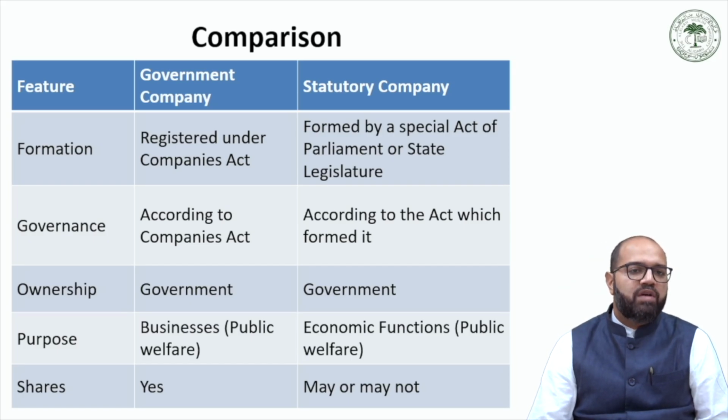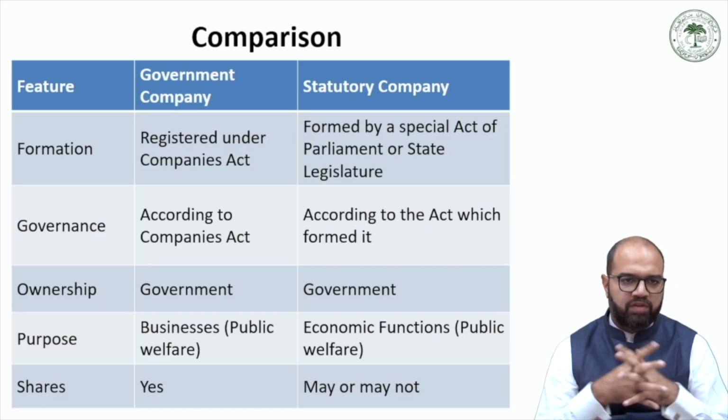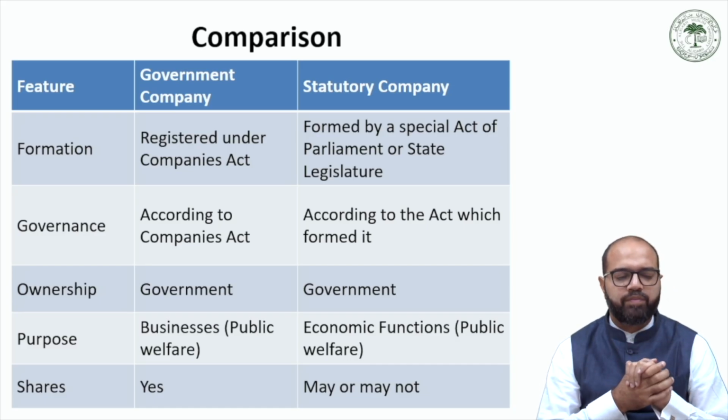The governance of a government company which is registered under the Companies Act is according to the provisions of the Companies Act, company rules, and the memorandum and articles of association. Whereas in case of a statutory company, it is according to the special act which actually forms such statutory company.